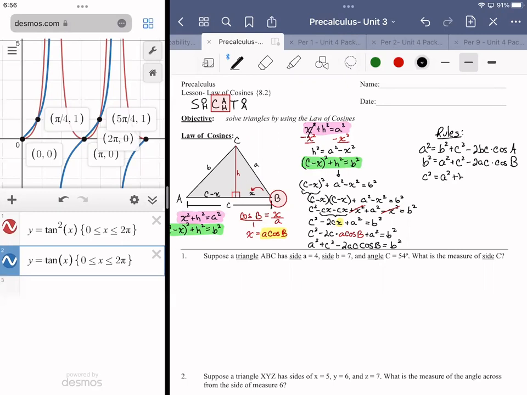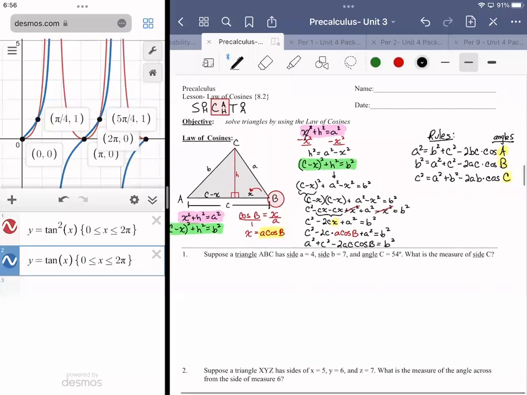A squared plus b squared minus 2ab times cosine of C, capital C. So these three components here, these are all angles. Everything else are sides. But this is the law of cosines.